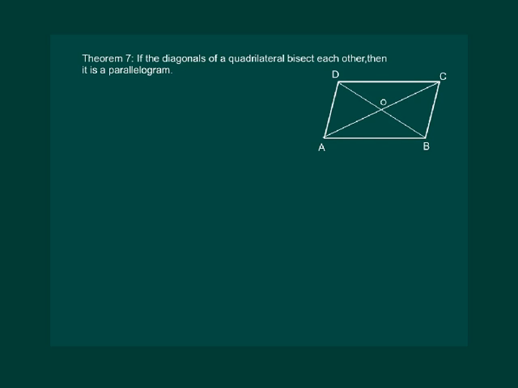Let us join the diagonals, and in this statement it is given that the diagonals of the quadrilateral bisect each other. This implies that AO should be equal to OC and DO should be equal to OB. We are required to prove that ABCD is a parallelogram.